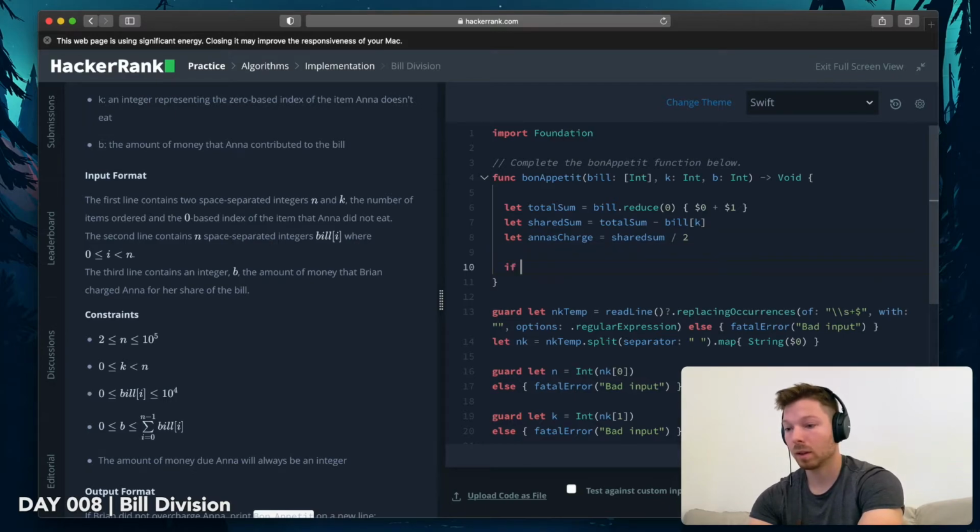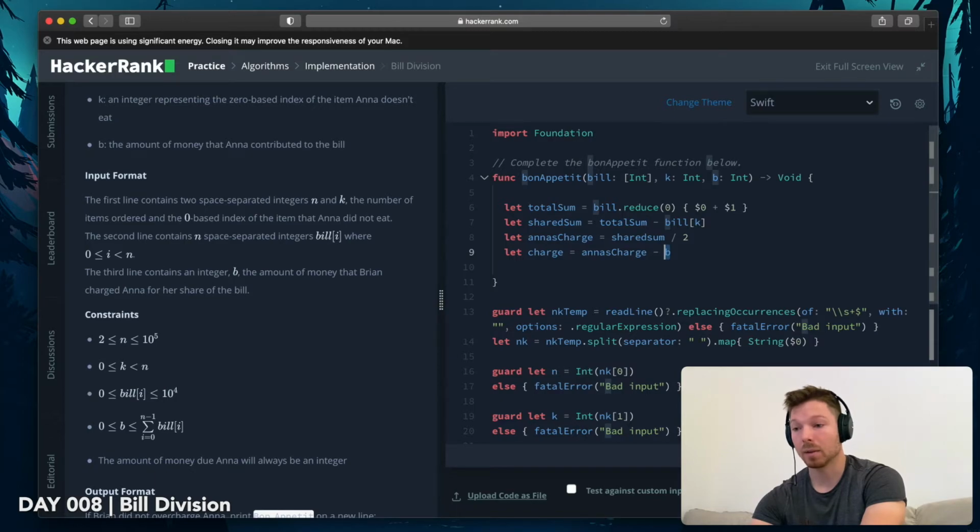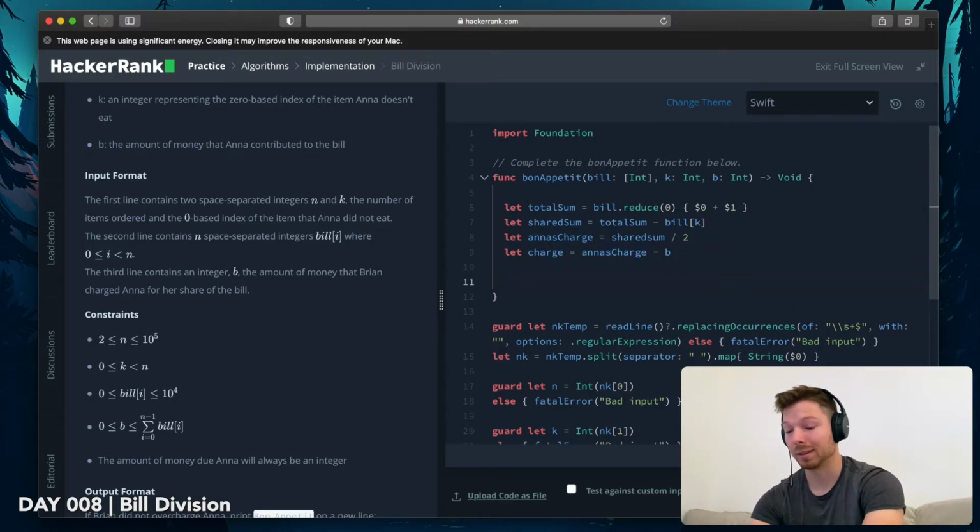And now, and then we can say actual charge. Charge is Anna's charge minus B, because that's what she gave and this is what she should have given. If she gave too much, we are in minus. If she gave exactly the amount she should have, we're at 0.